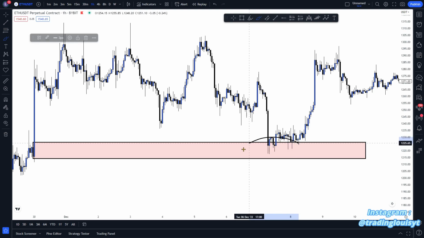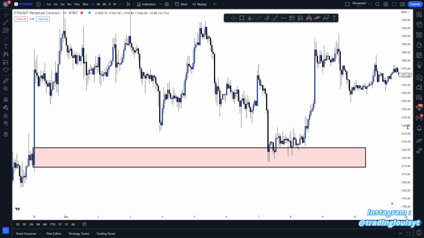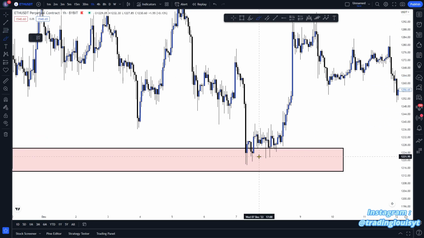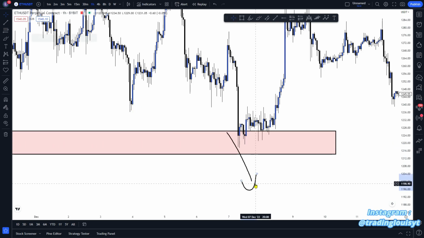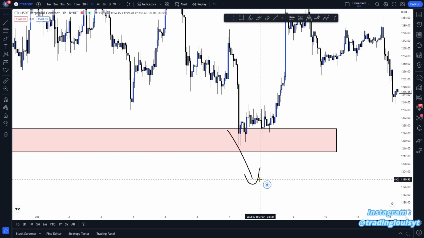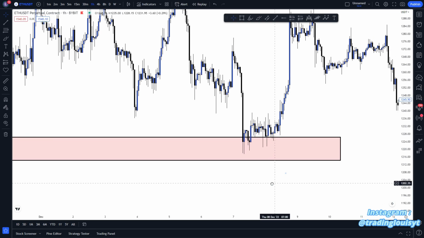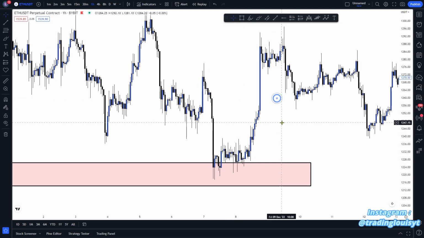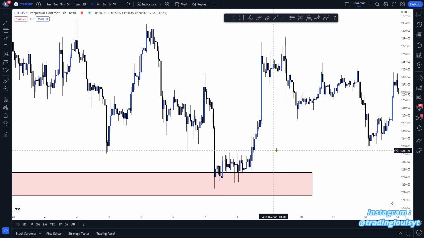The last thing that these big investors want is for the price to drop below this point, because then they'll be in a loss of a lot of money. So what they are going to do is pump the price up rapidly after the price has hit this zone, because if they don't do that, then they'll lose a lot of money.